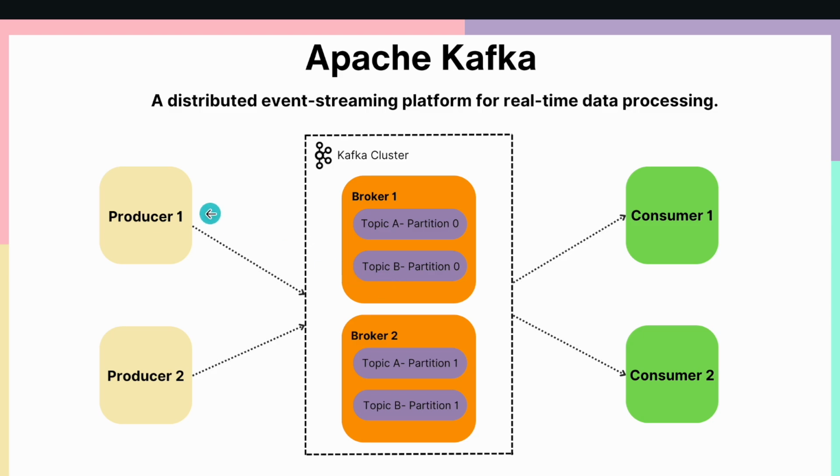Okay, so to give you an example of one use case of Kafka, let's say you have an e-commerce website and someone places an order on your website. The placing of an order is called an event. This event can be streamed to a Kafka topic called orders, and from this topic multiple consumers can consume that orders data.